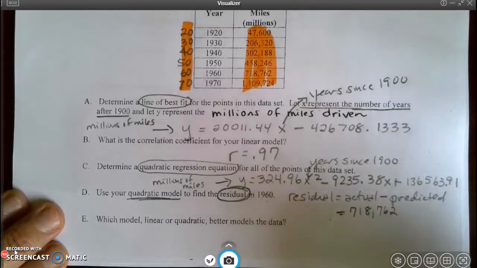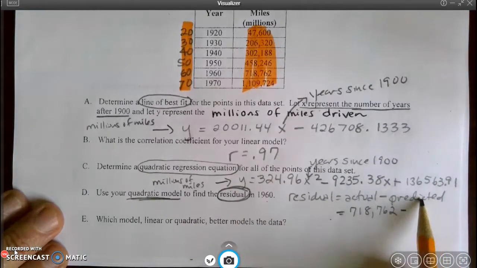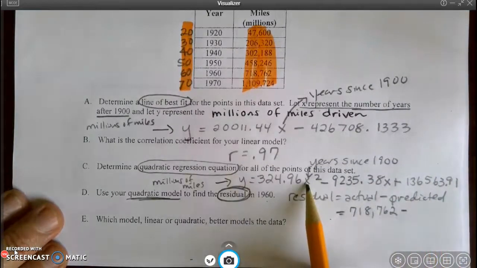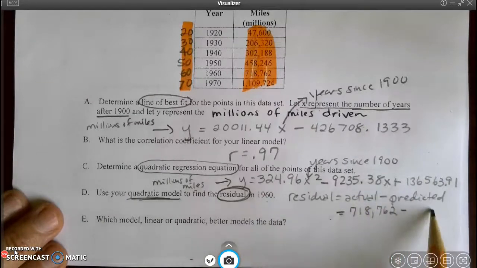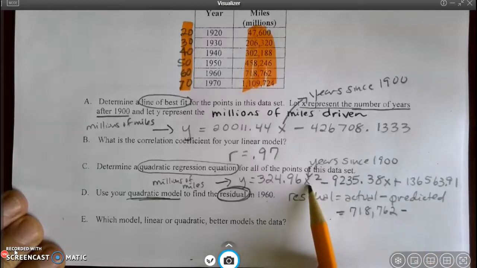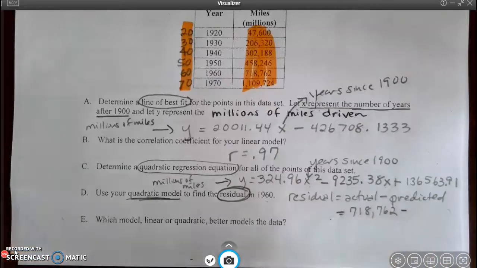Now, I could find the predicted for just 1960 by putting a 60 into this equation, getting the value, and subtracting it. Or, if we want, we can use the calculator and use L3 and L4. It's really up to you. Since I only need one residual, I'm just going to put a 60 in here and figure out what this value is and subtract it.